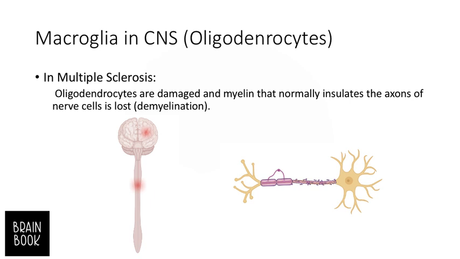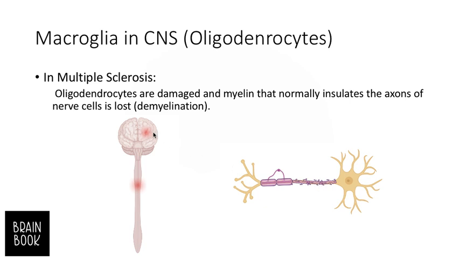For this reason, when the myelin is lost, we face multiple sclerosis, and you know that there are some defects in oligodendrocytes. Then the sheath and the myelin are not produced perfectly in cells, and thus it results in multiple sclerosis.